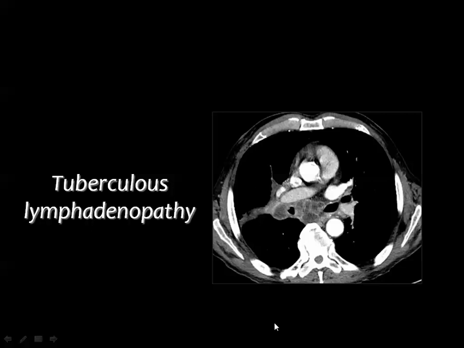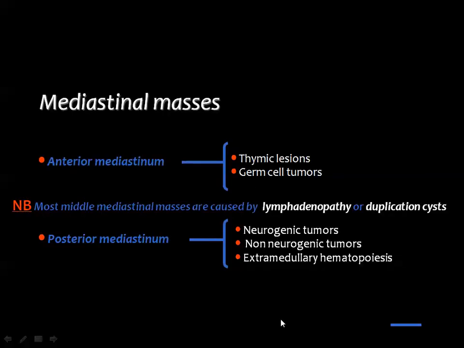and marginally enhanced. And we came to the mediastinal masses when we have the anterior mediastinum, where you can see thymic lesions and germ cell tumors. The middle mediastinum is usually represented by the presence of lymph nodes and the cysts we have discussed before.